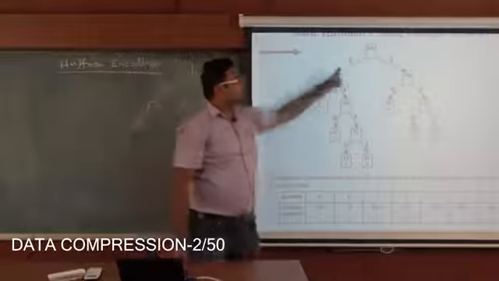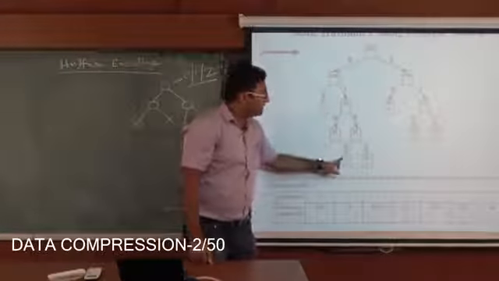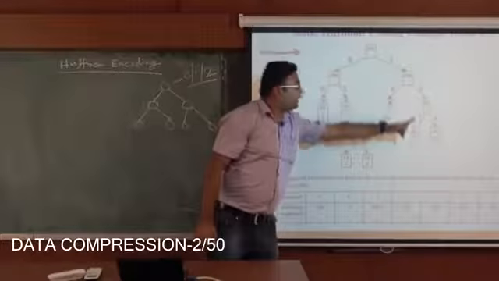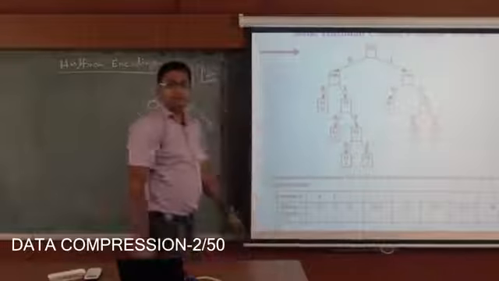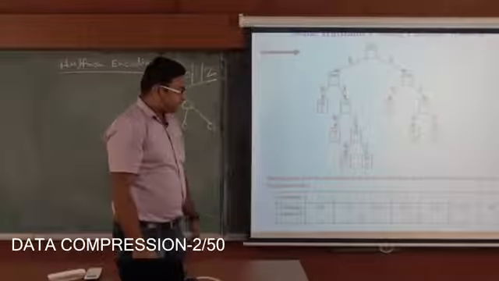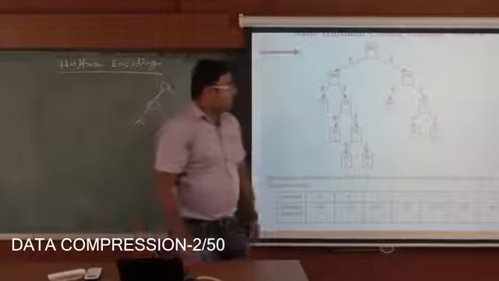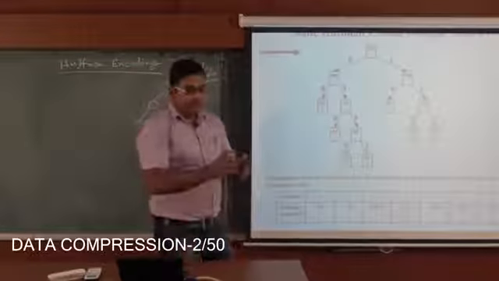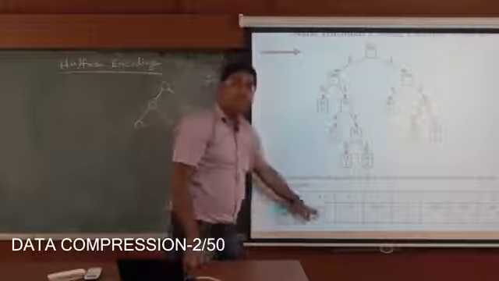So we will do that. If you look at the tree, each and every left edge contains weight 0 and each and every right edge contains weight 1. Now if you see, each and every character will be represented by some combination of 0 and 1.